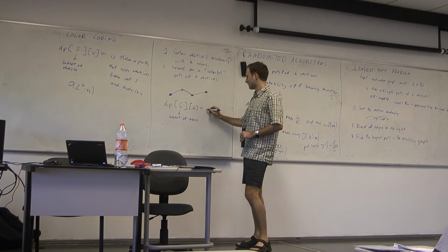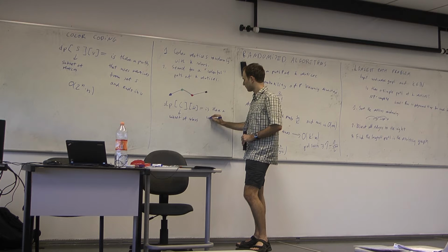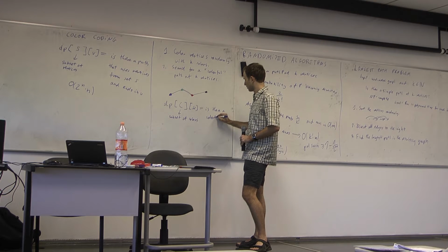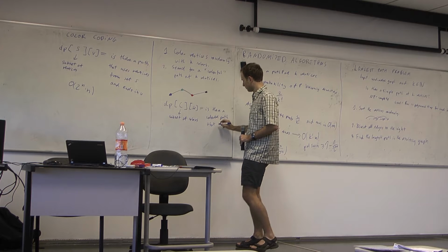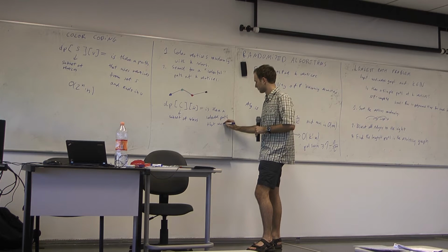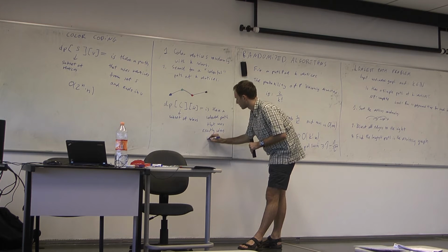It's like, is there a colorful path that uses exactly the colors of C and ends in E?